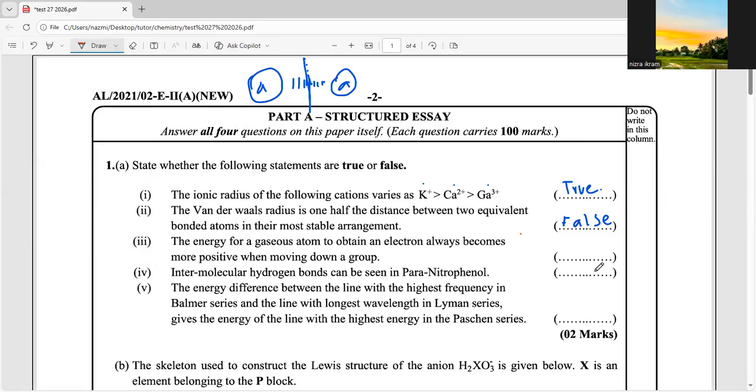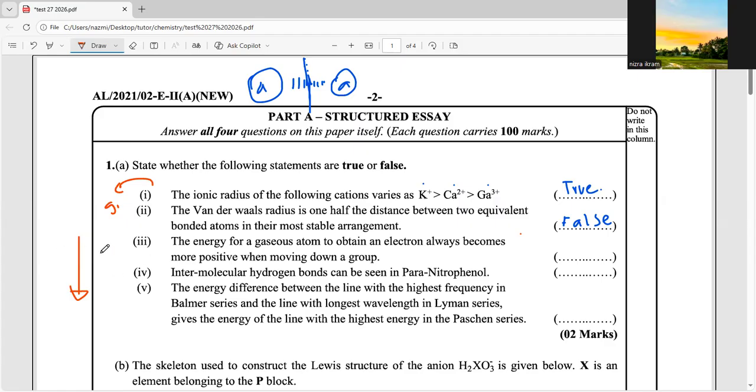The energy for a gaseous atom to obtain an electron, that means gaining an electron, always becomes more positive when moving down a group. Here they're talking about the electron gain energy. More positive means it's becoming more endothermic, so you need more energy absorbed to gain an electron.